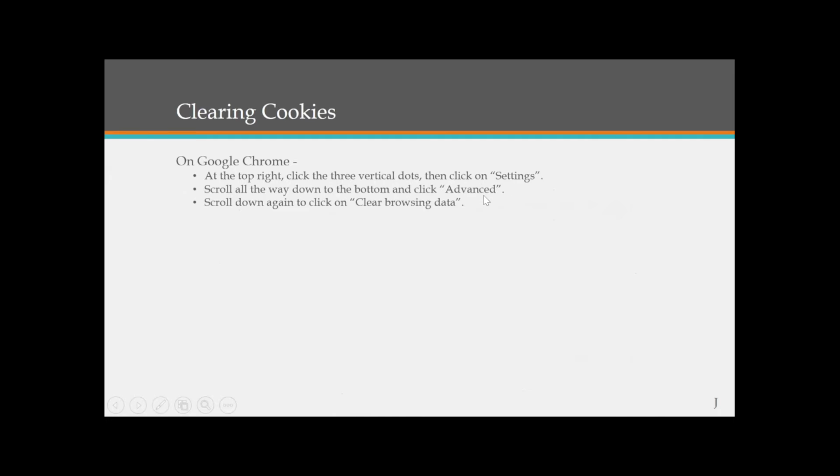Most browsers have the capability of clearing cookies. On Google Chrome, at the top right corner, there are 3 vertical dots, and then you click Settings. Scroll all the way down to the bottom, click Advanced, and then it says Clear Browser Data, and that would include cookies. Let me do that.